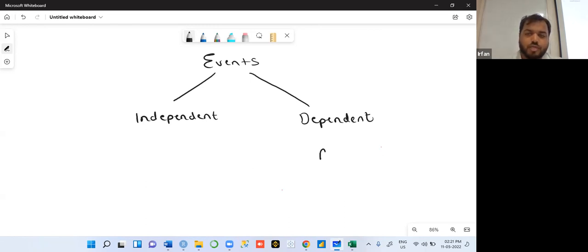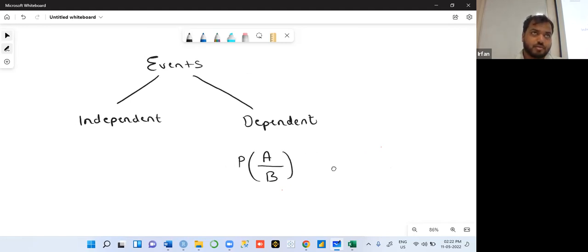So have you seen this type of symbol in your academic, guys? How you read? A divided by B. Good. Mathematician. Okay. How you read this one? Statistician. थोड़ा अच्छे से पढ़ो. Probability of A given that B has already happened.